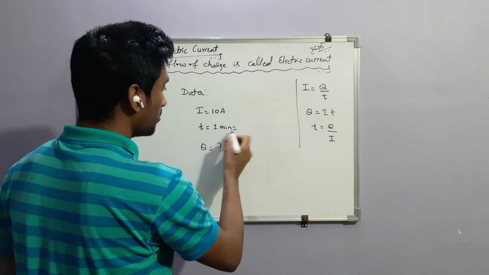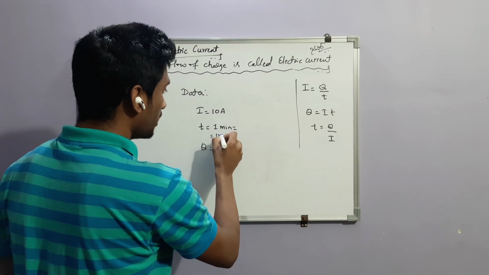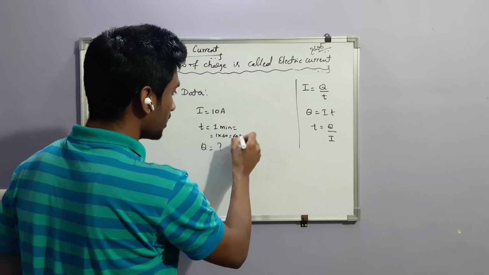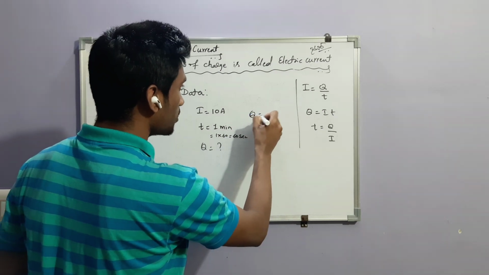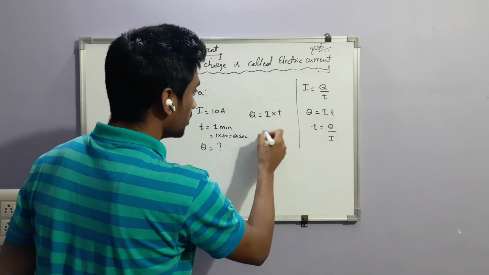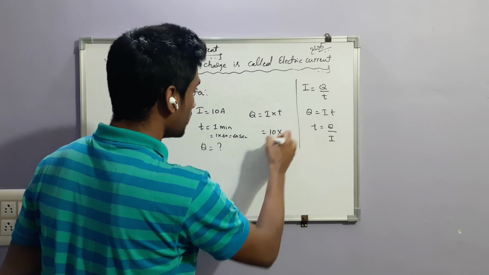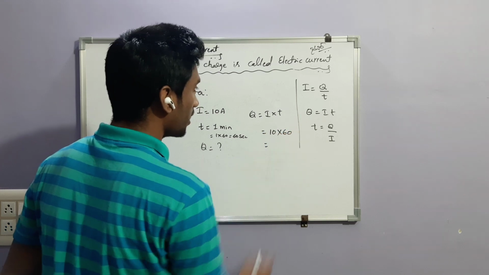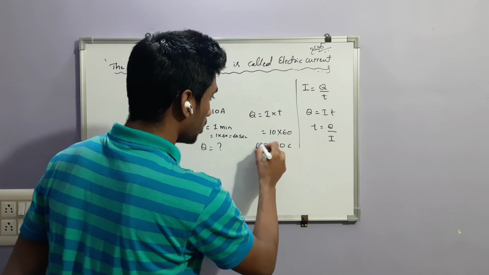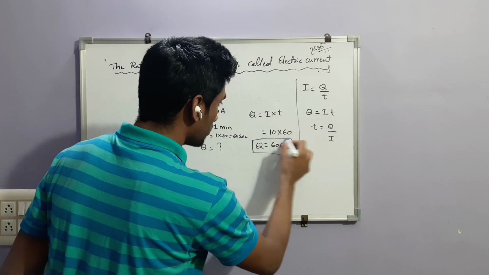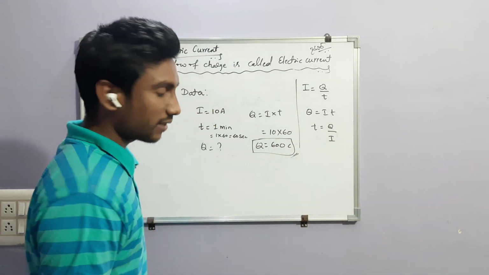Here you should first convert: 1 minute is equal to 1 into 60, that is 60 seconds. Now substitute in the formula. Q is equal to I into T, so 10 into 60. 60 zeros and 60 ones give 600 coulomb. This is how we calculate the charge.